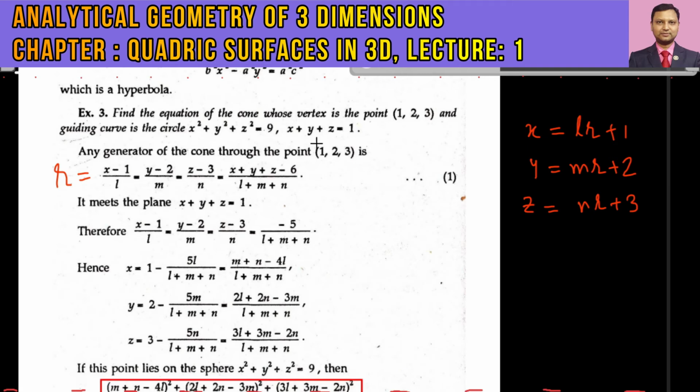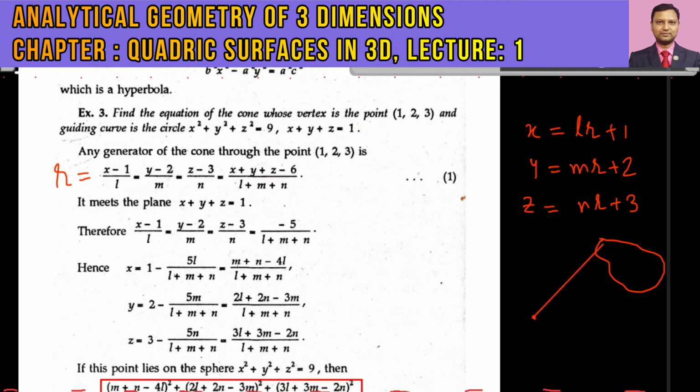So now you see we are given this expression. This is the guiding curve. So for a certain value of r, a point on this straight line. You see this is the vertex and this is the guiding curve. And suppose this is the generator. Let me draw this picture like this.